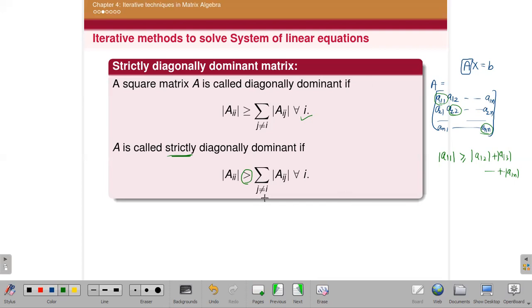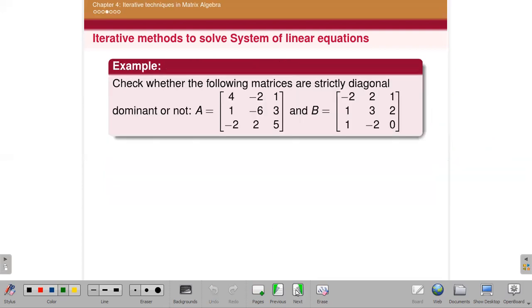Okay. So now we come to the condition, when it will be a convergent sequence. First of all, we take one example: check whether the following matrices are strictly diagonally dominant or not. There are two matrices. How to check whether the matrix is strictly diagonally dominant? For the first matrix, 4 is a diagonal element.